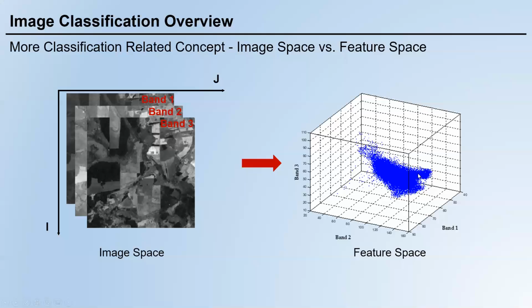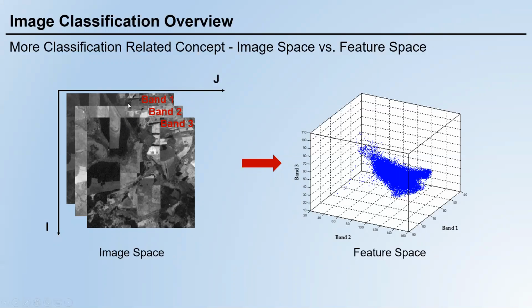And we can use this feature space. It's not a real space. This space is established on the information of 3 bands, and each band can be considered as a feature axis. So we can use this cloud to finish the classification instead of using actual images. So what is the concept of image space and feature space? This is a comparison.